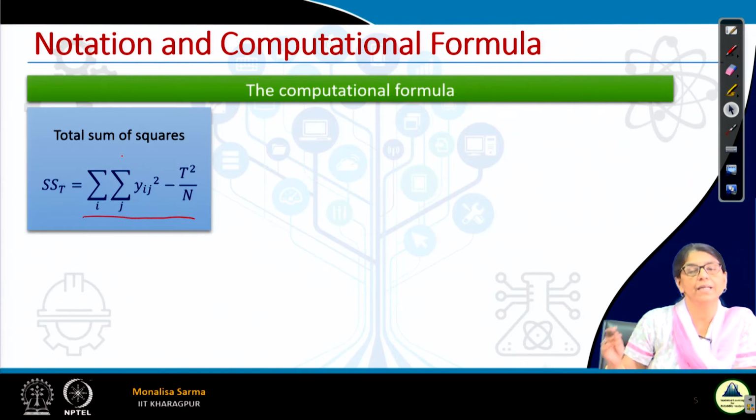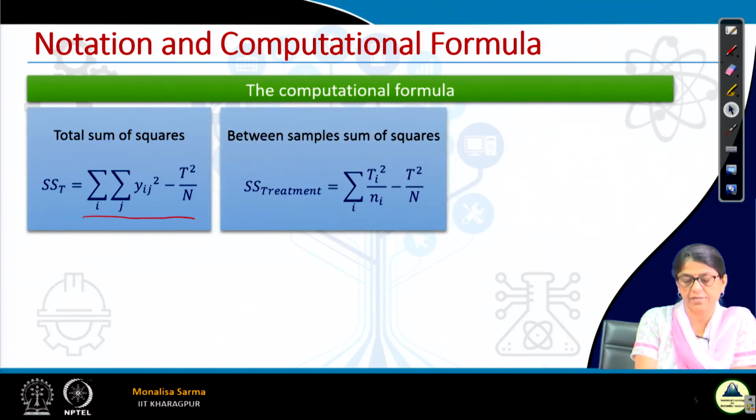For each i there will be a different n i, isn't it, n 1, n 2, n 3. So, there will be a change accordingly. You yourself will be able to do the simple calculations. So, you will get SST as this. Similarly, SS treatment is this. I am not showing the derivation, you will be able to do it by yourself. So, this is the SS treatment.